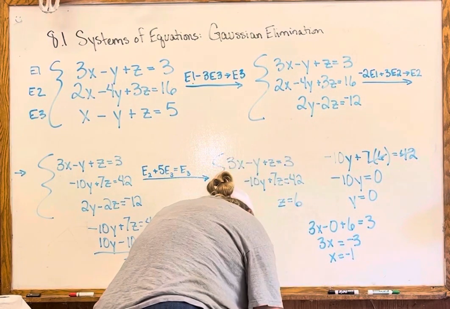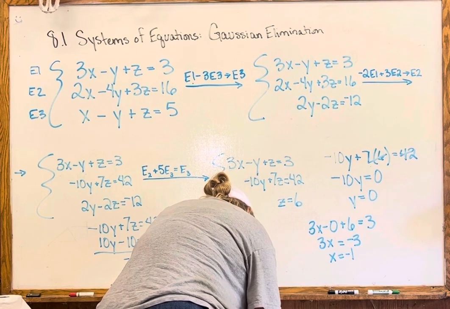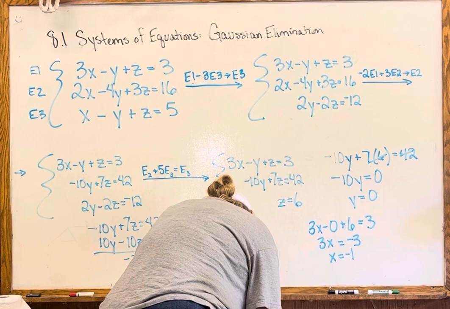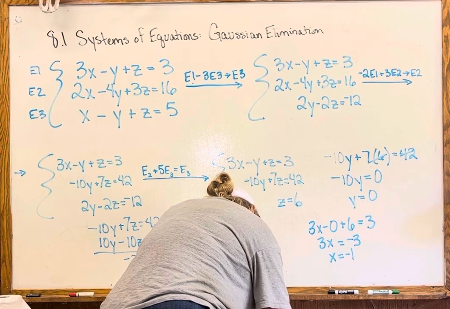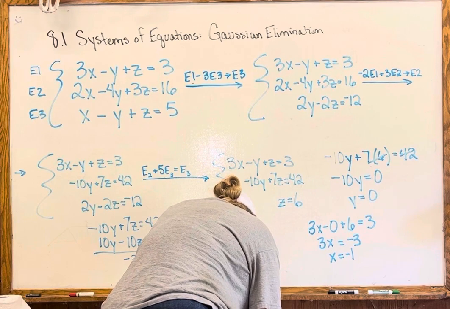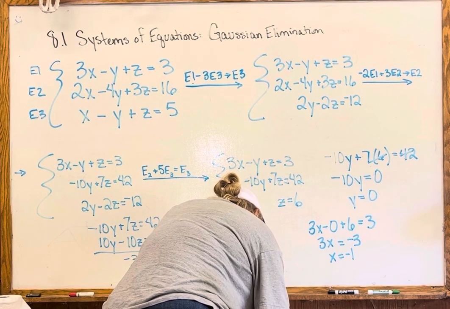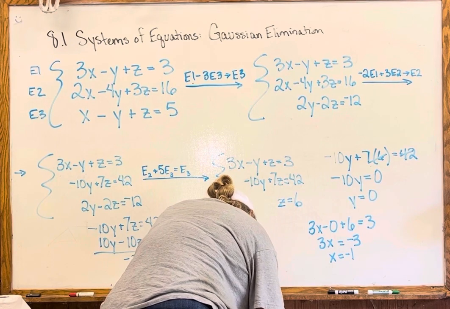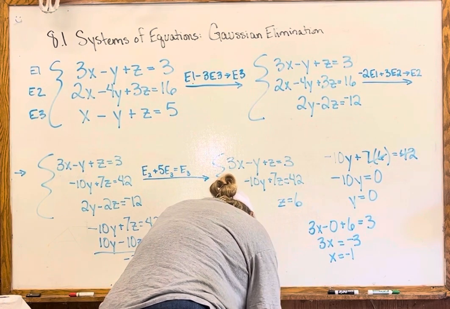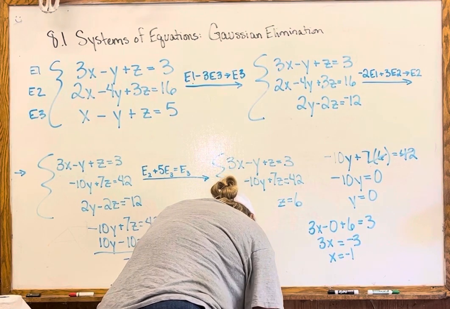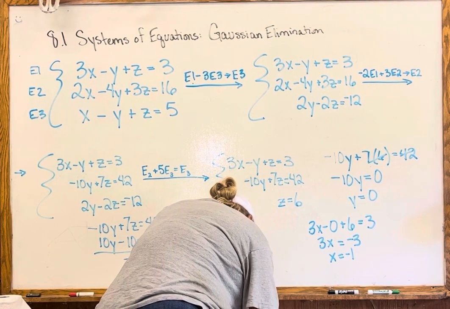Let me find one. All right, I don't like any of those, so let me go to the back of the book and see what I can find back here. Nope. What the heck? Oh, never mind. I was looking at the solutions and not the problems.